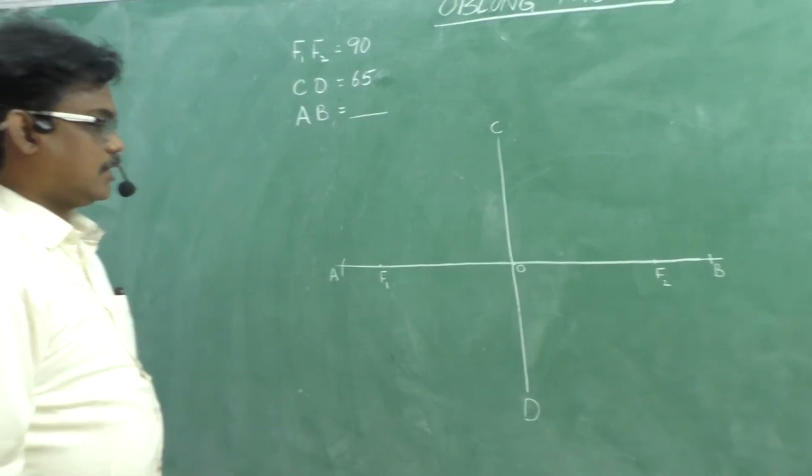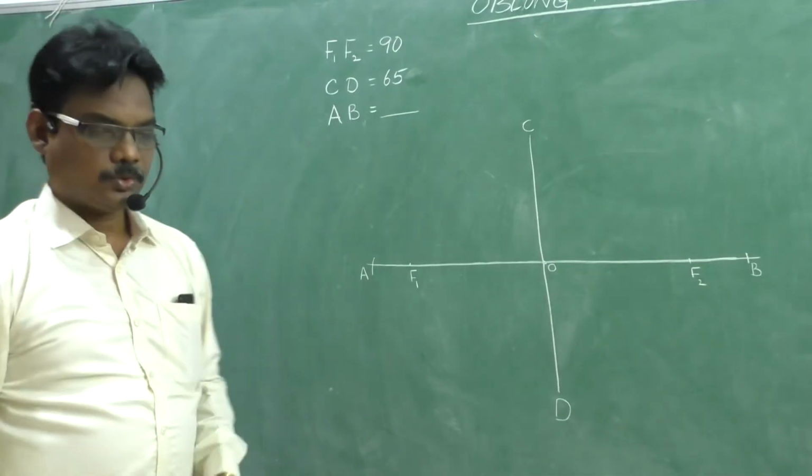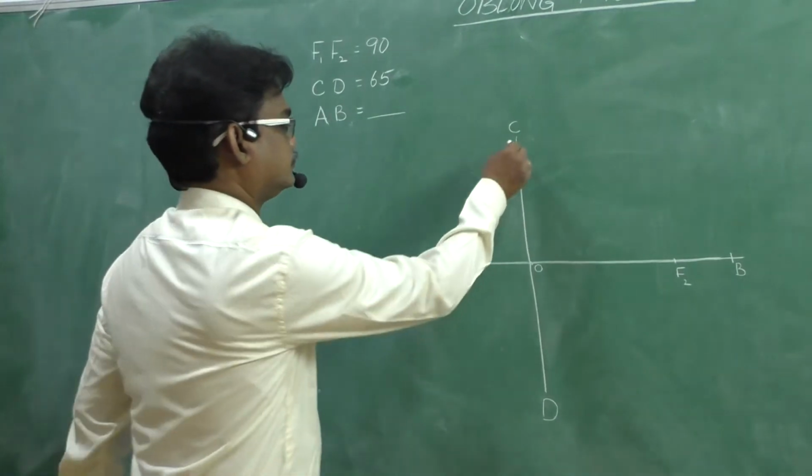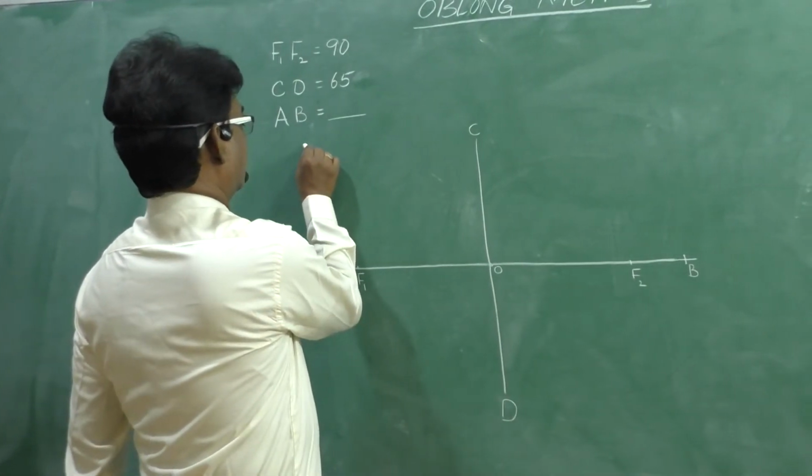Now for the oblong method, we need to construct a rectangle.